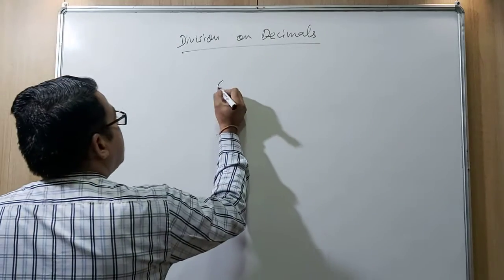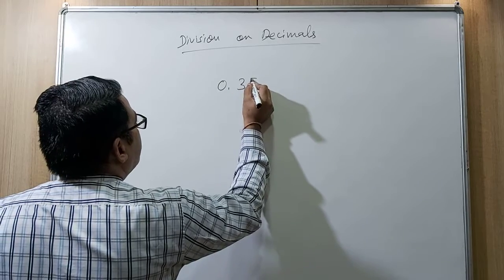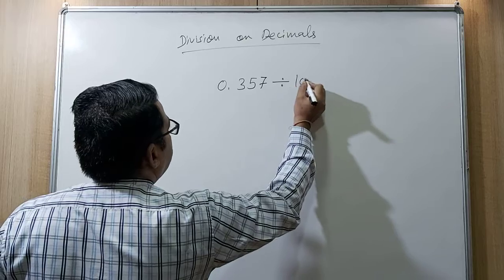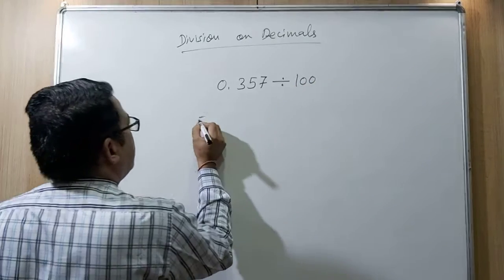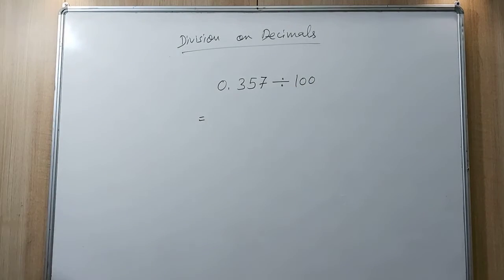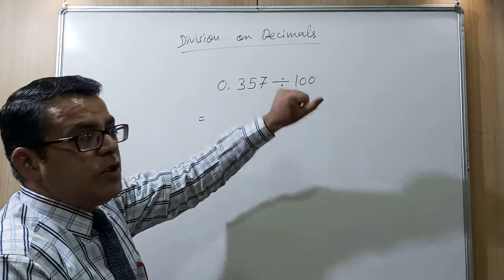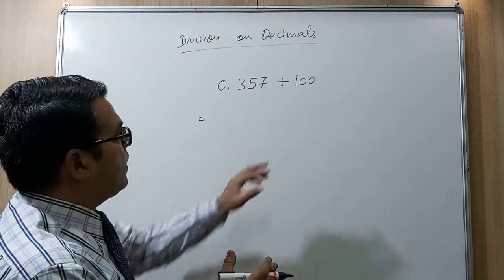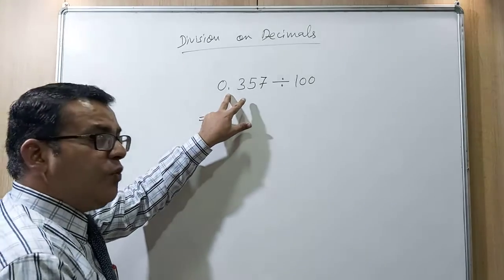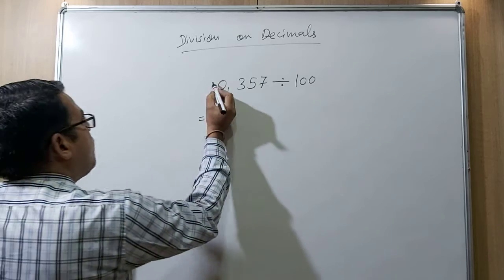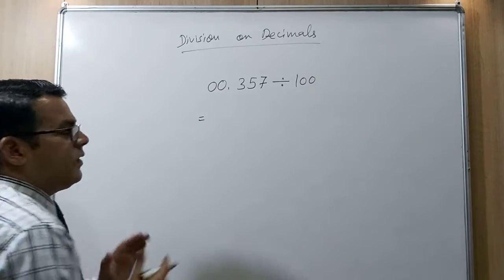Now suppose we have 0.357 here, and we are dividing it by 100. What to do now? Since we know that after 1 we have 2 zeros, it means we need to shift this decimal point 2 places to the left hand side, but we have only 1 zero here, so we can put one more 0 here.